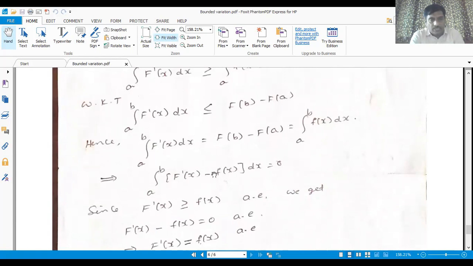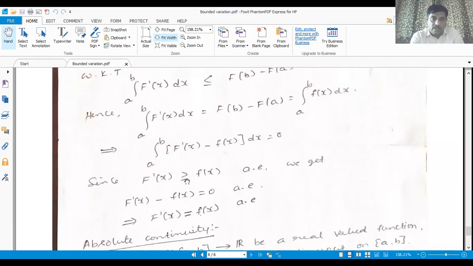Then definitely, by using the previous first theorem that we proved, this integrand F dash x minus f of x is greater than or equal to 0 almost everywhere, so we get F dash x minus f of x equal to 0 almost everywhere, which means capital F dash x is equal to small f of x almost everywhere.